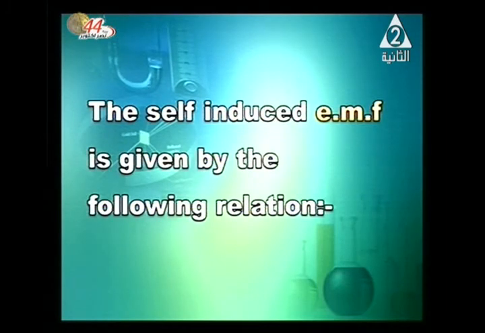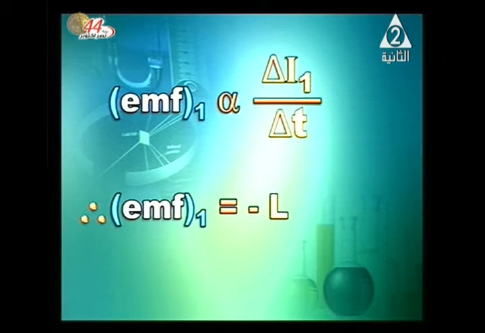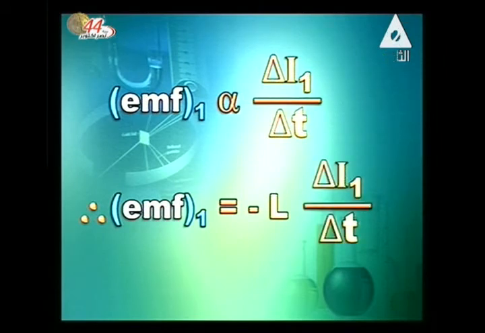The self-induced EMF is given by the following relation. EMF is proportional to delta I1 over delta T. So EMF1 equals negative L delta I1 over delta T.